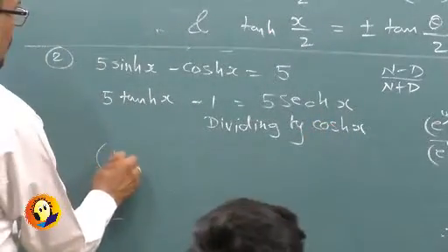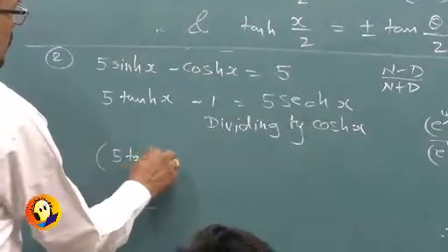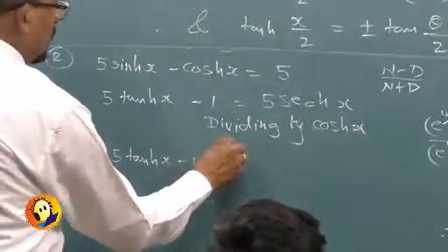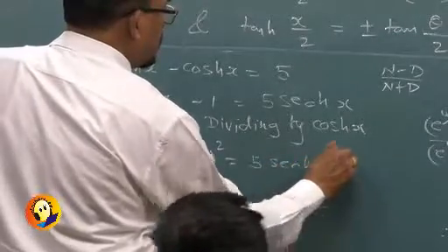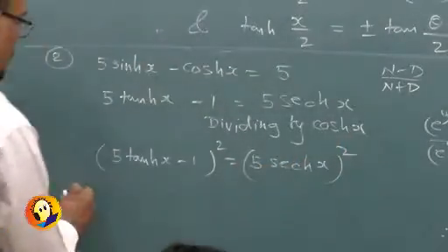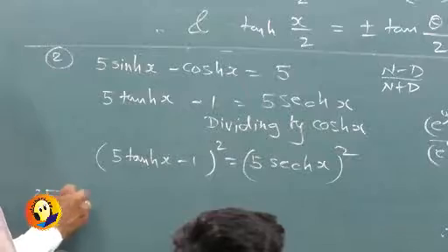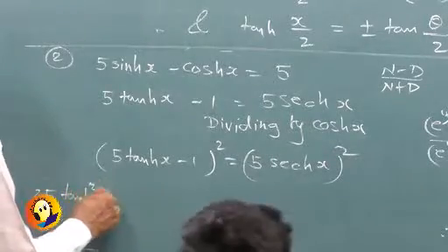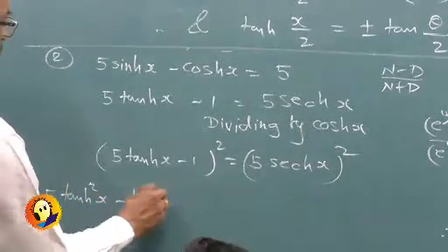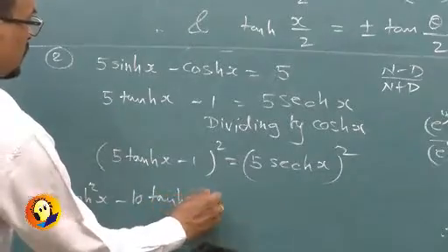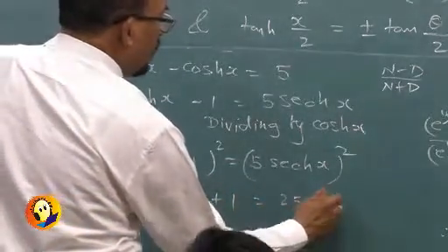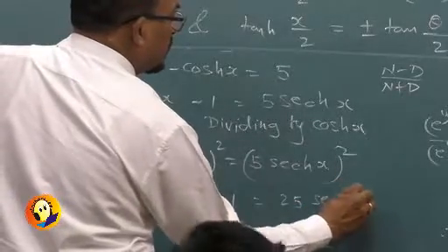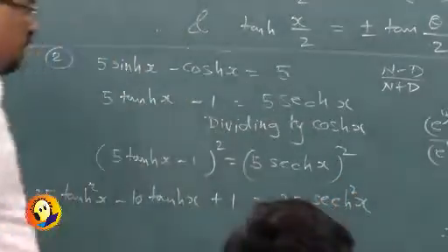So it is 5 into bracket tan x minus 1 square equal to 5 sec x square. So this is 25 tan square x minus 10 tan x plus 1 equal to 25 sec square x.